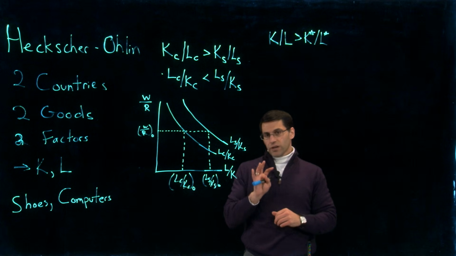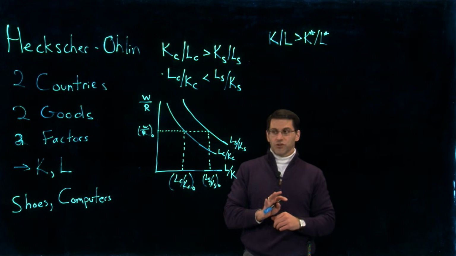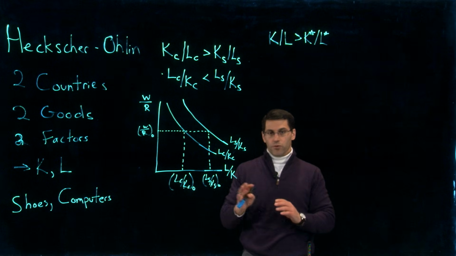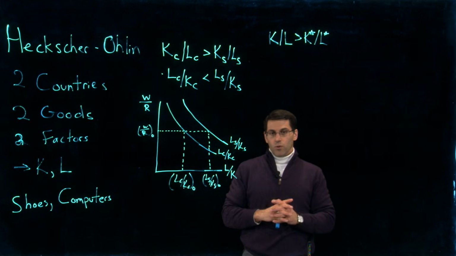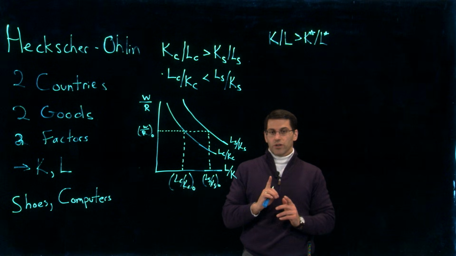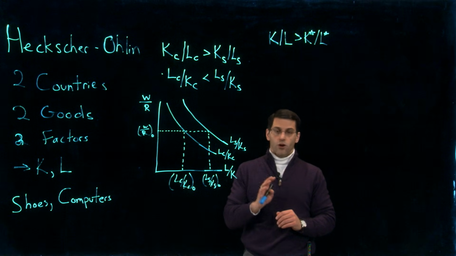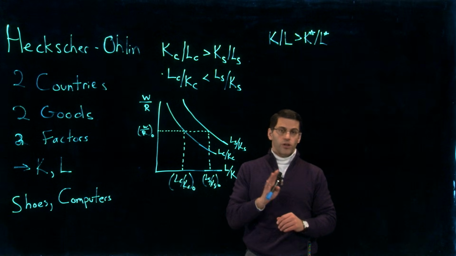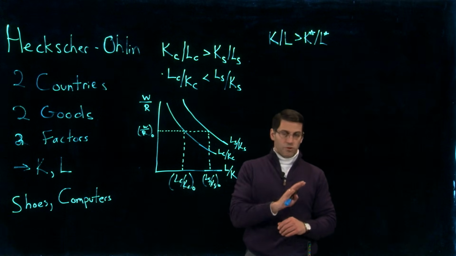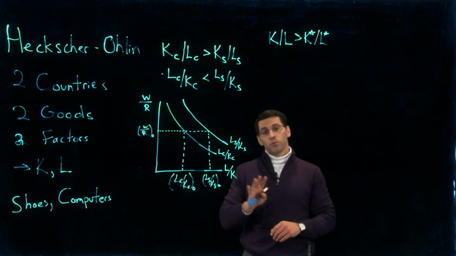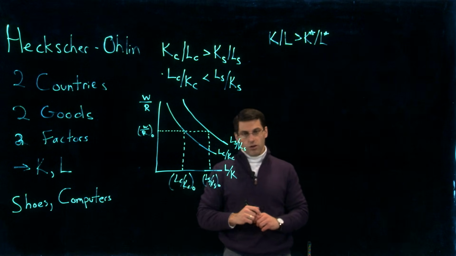We're going to make a couple other simplifying assumptions just to make it easier to work through this model. The one key assumption we have here is that technologies are the same across the two countries. Home and foreign shoe producers use the same technologies. Home and foreign computer producers use the same technologies.